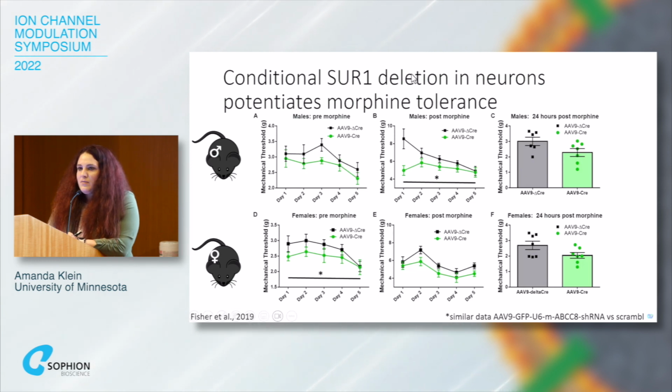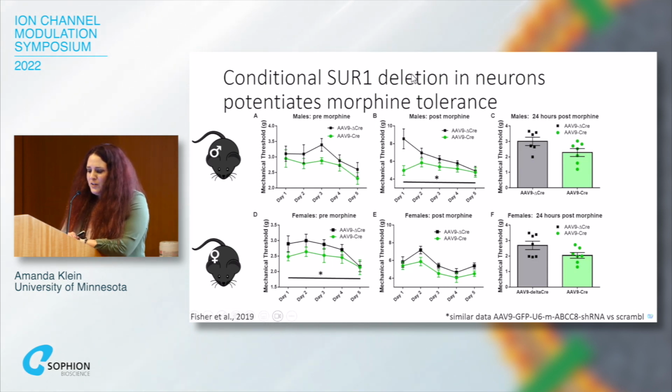So we conclude from looking at the pre and post-morphine plots that opioid-induced hyperalgesia and tolerance were potentiated in the Cre animals as compared to the controls. This was fairly consistent in both male and female animals.